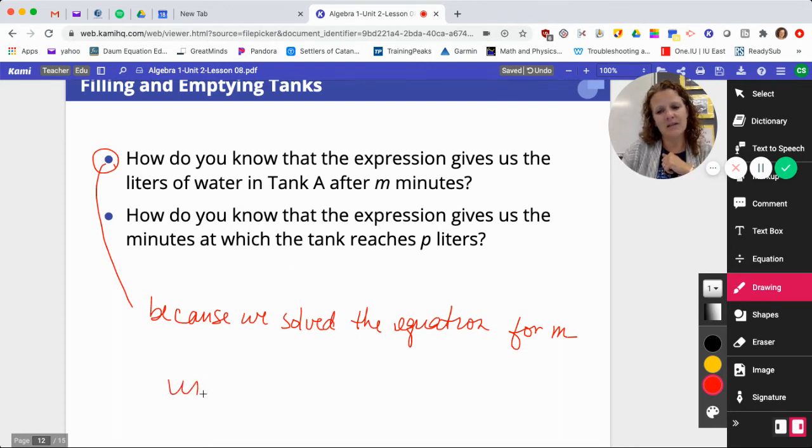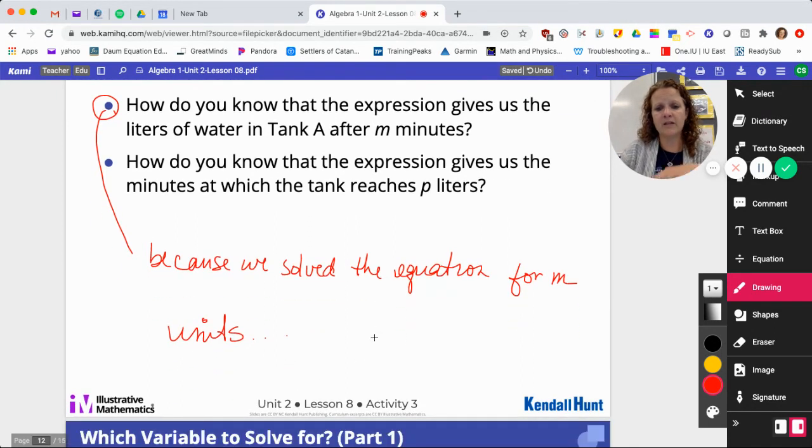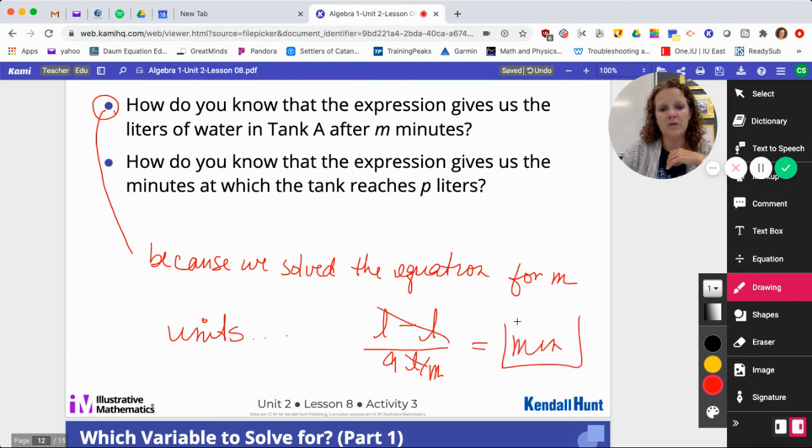I looked at the units. In the equation, we had the liters in the tank minus the liters in the tank divided by 9 liters per minute. And the liters cancel out and I'm left with minutes. So I know that my answer is going to be in minutes because the units work out that way.